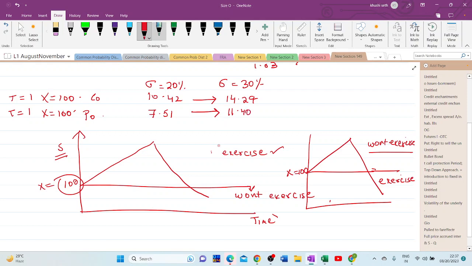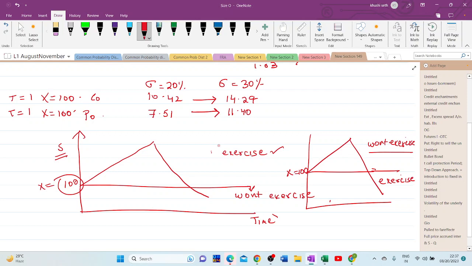Why? Because volatility is a friend of an option buyer, okay. So if volatility causes the underlying to move in a way that does not benefit the option buyer, he simply won't exercise. And if it moves to the benefit of the option buyer, he is going to exercise and make gains.